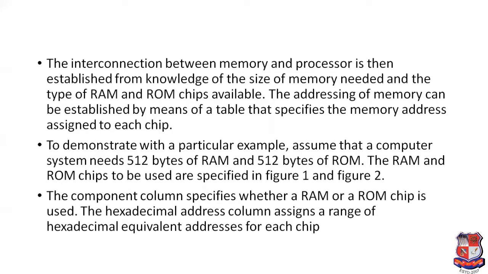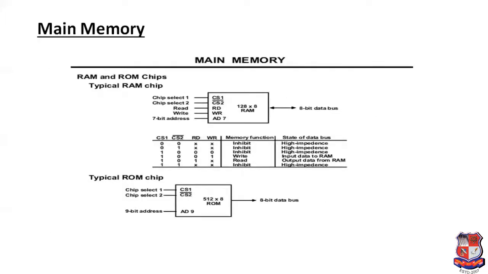The component column specifies whether a RAM or a ROM chip is used. The hexadecimal address column assigns a range of hexadecimal equivalent addresses for each chip. Main memory is shown as a typical RAM chip, which has select signals.